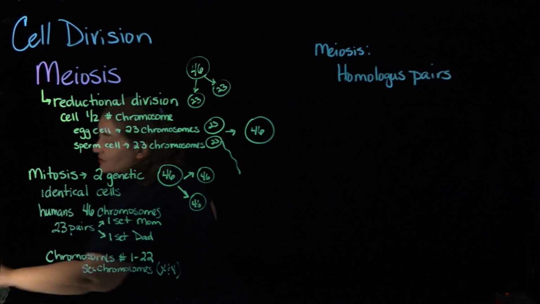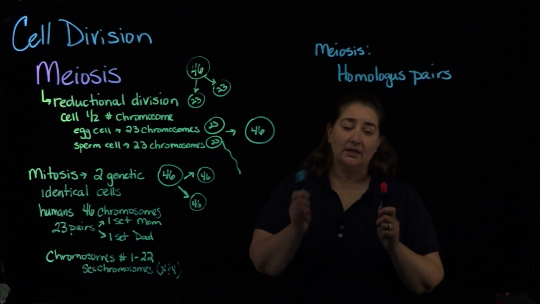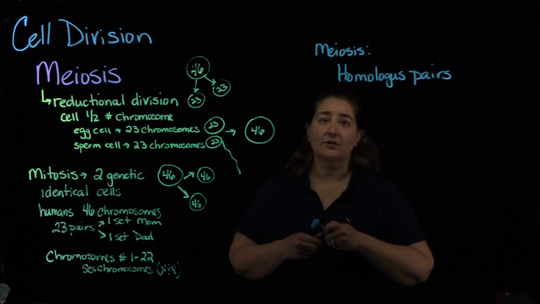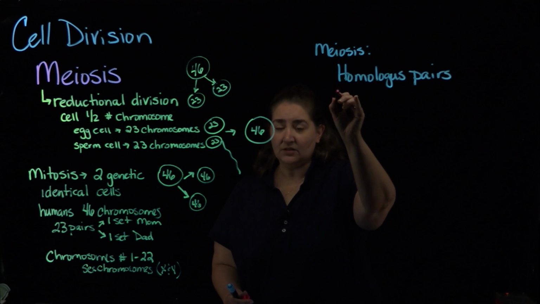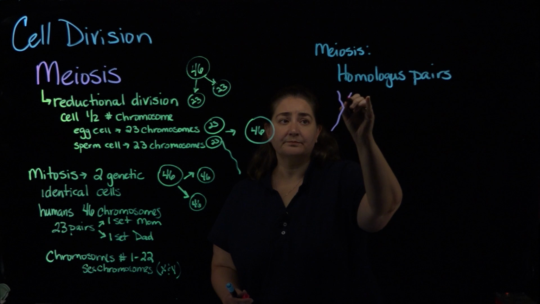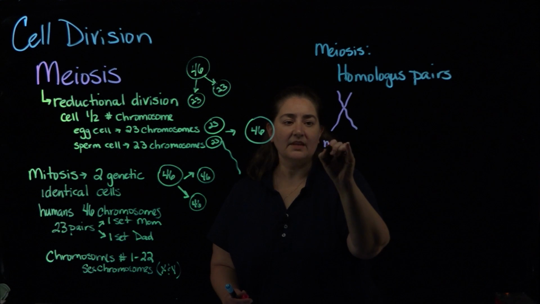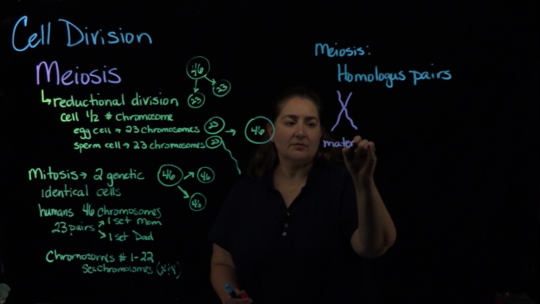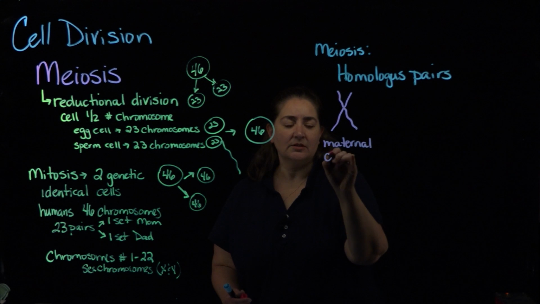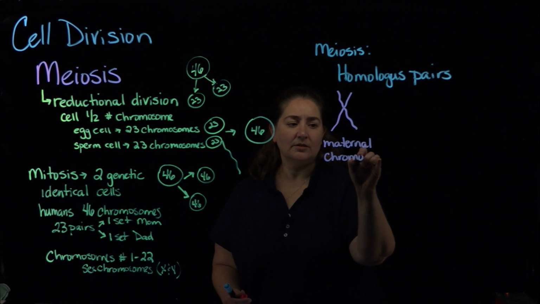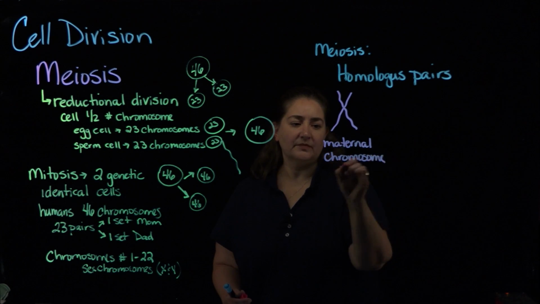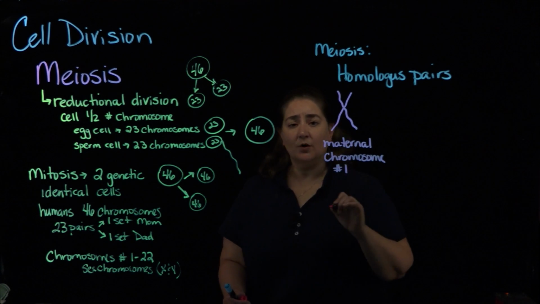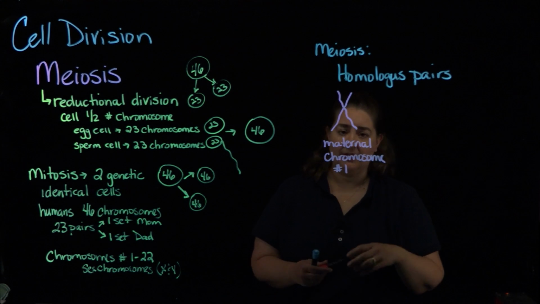And I'm going to use pink and blue for these, okay? Pink is going to be mom. So this would be the maternal chromosome, and I'm just going to use chromosome 1 as an example, okay?